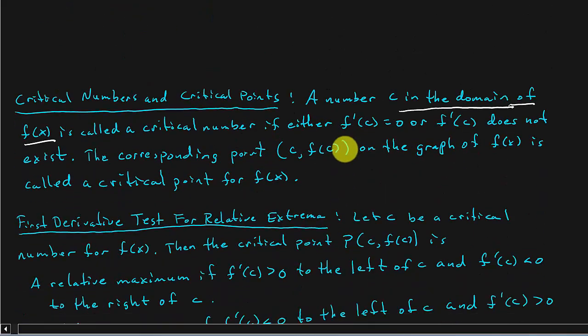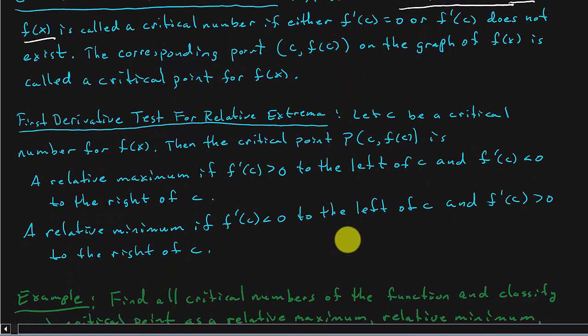Okay, so let's look at this. First derivative test for relative extrema. Let c be a critical number for f of x, then the critical point P, which is (c, f of c), is a relative maximum if f prime of c is positive to the left of c and negative to the right of c, and a relative minimum if f prime of c is negative to the left of c and positive to the right of c.